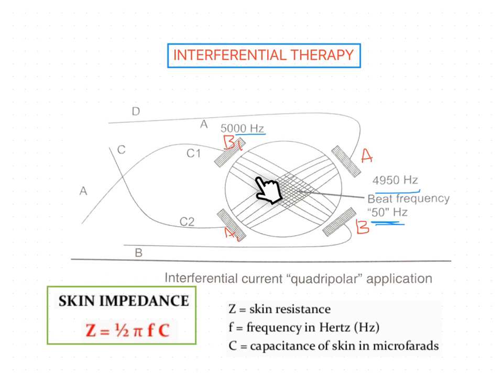When these currents are passed, we get a beat frequency, which produces a low frequency current. This low frequency current will have physiological effects the same as those of the Faradic type, but the patient is more comfortable with interferential currents.